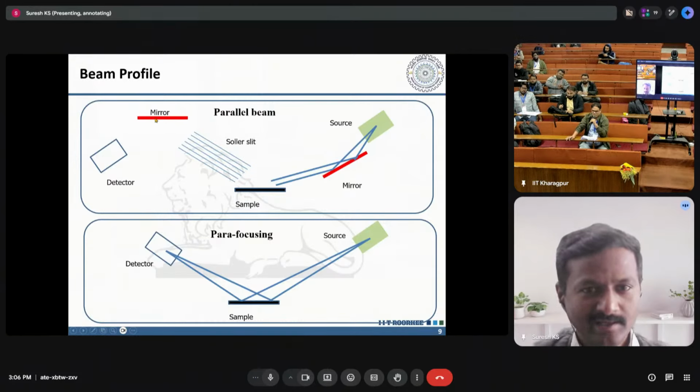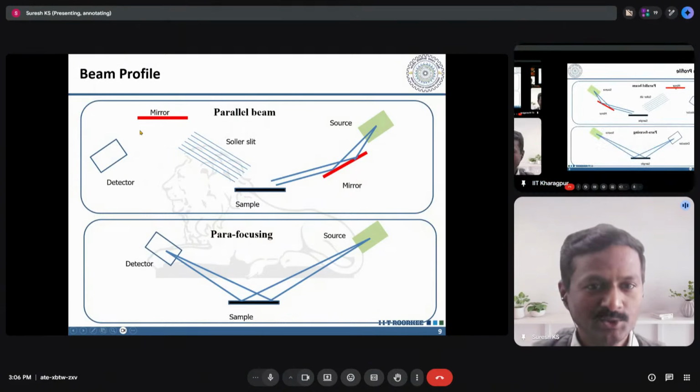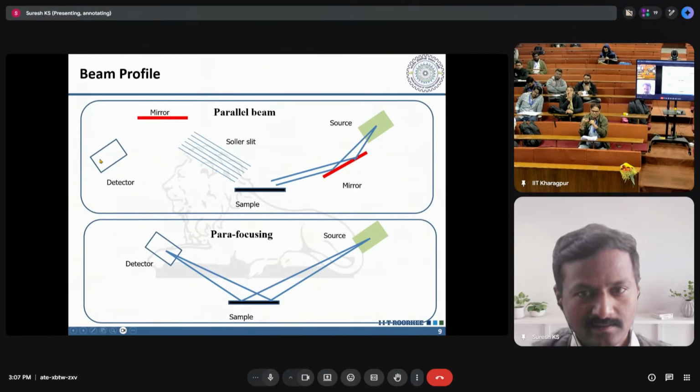It is not the mirror like what we use, made of glass. These have special coatings where the curvature is designed in such a way that whatever the incident angle of the X-rays on these mirrors, the way they go, they will all be pointing towards the detector. So this is the geometry of this mirror.